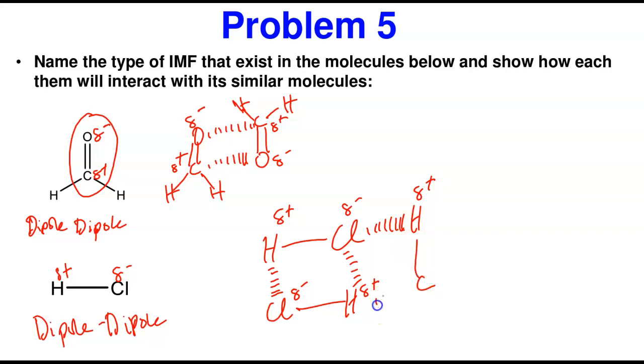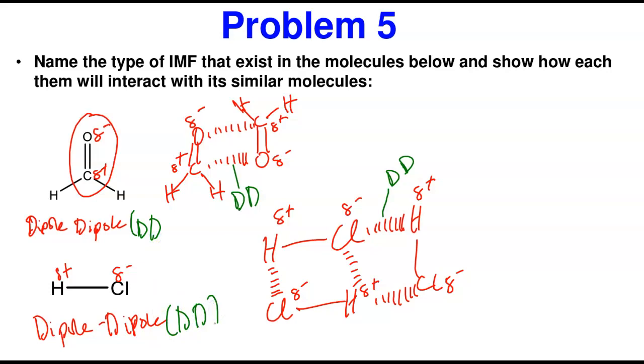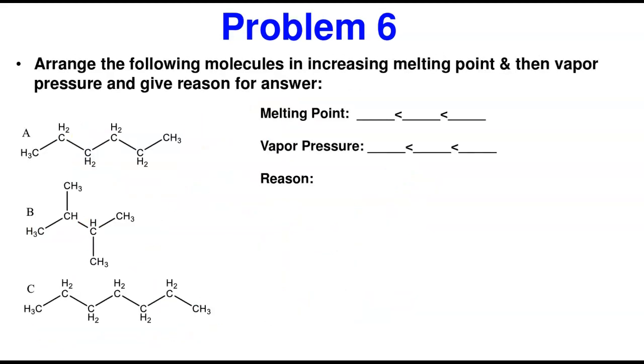And this can also interact with another one here. This is partial negative. So this is also an illustration of the dipole-dipole interaction in all these molecules. So this is D. This is also the dipole-dipole interaction. All right, let's go to the next problem quickly.